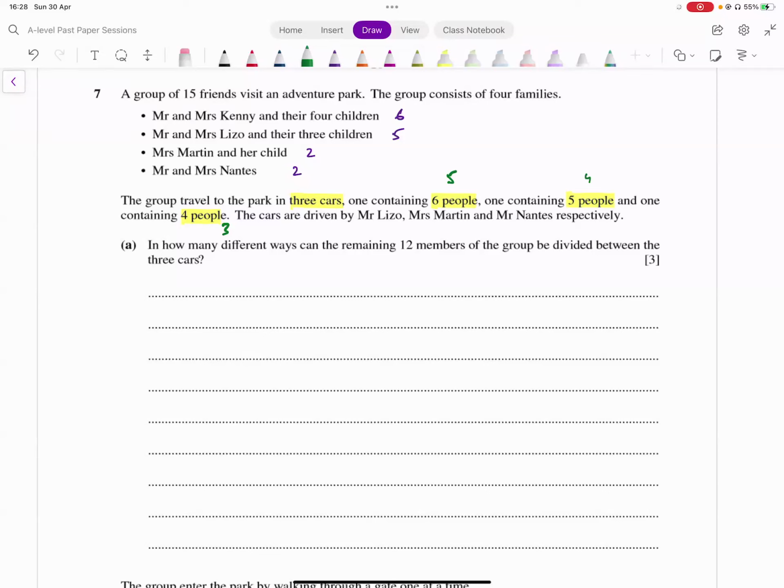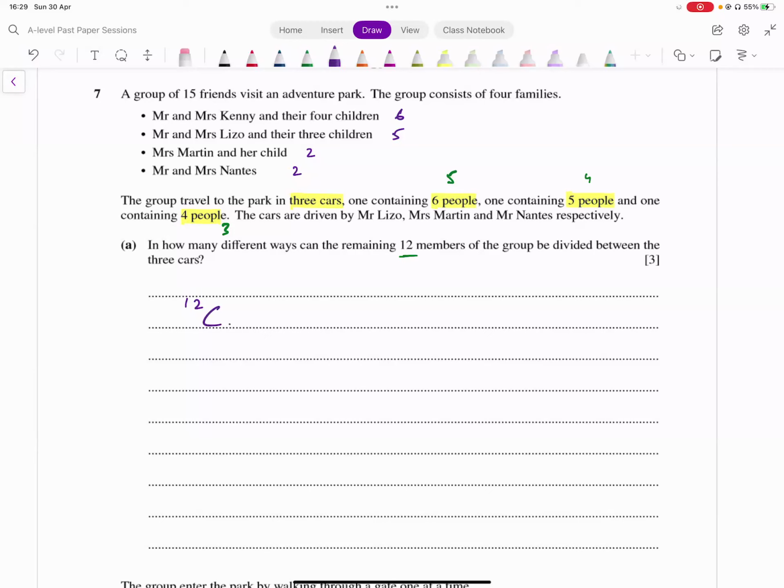Okay. Now you will have the remaining 12 people. Remember, order doesn't matter as such, right? Because which seat someone is sitting in the car is irrelevant. So out of the remaining 12, you have to place 5 people in one car. Let's do that. So you have 12. Out of those 12, you have to select 5 people for the first car.